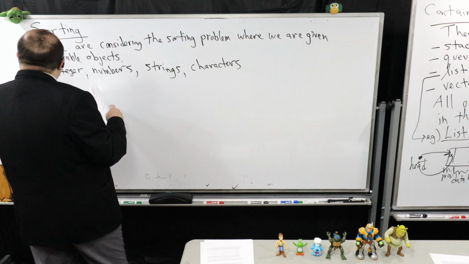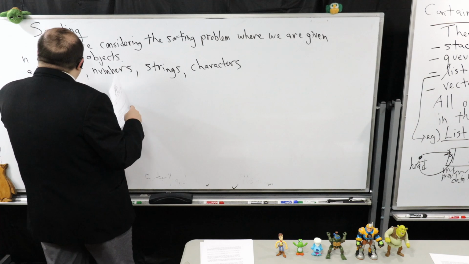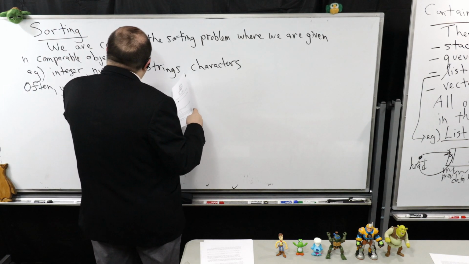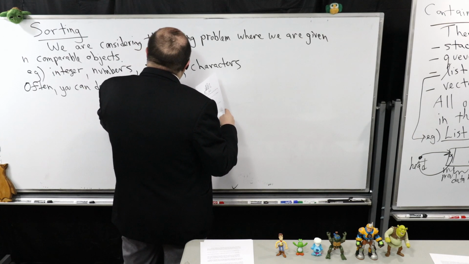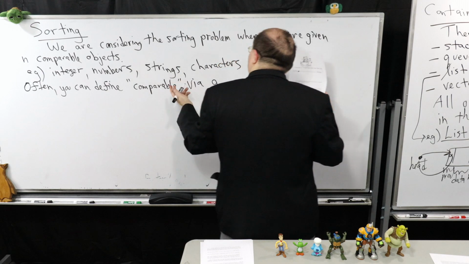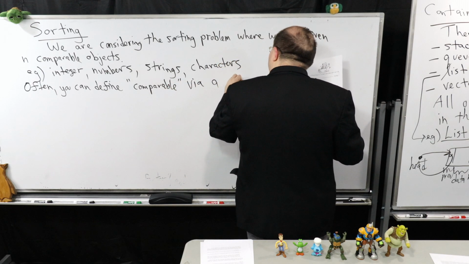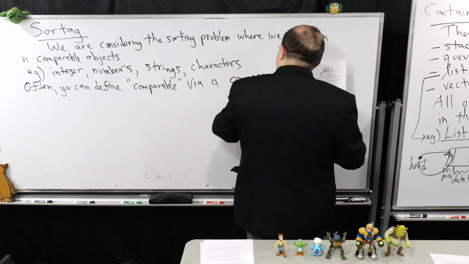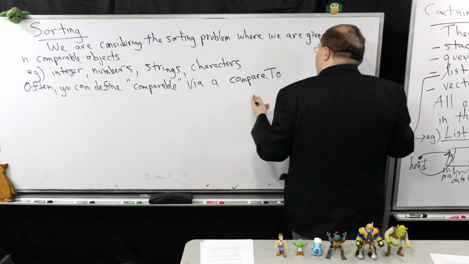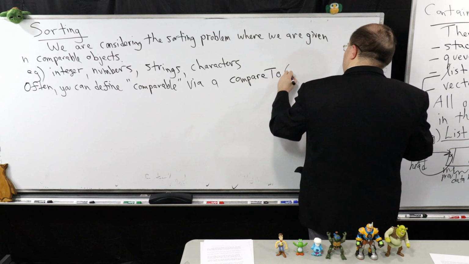So often you can define "comparable" via, I'm just giving it this name, it doesn't have to have this name, but a lot of programming languages call it compare or compareTo, via a compareTo function.